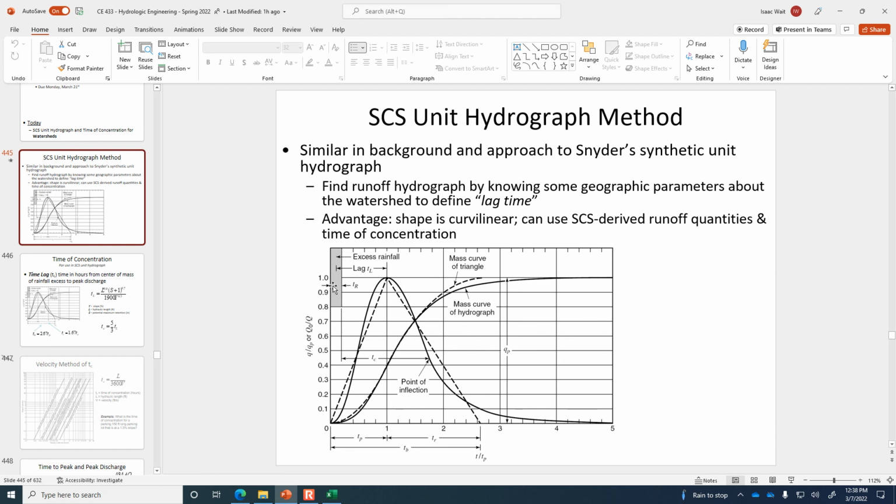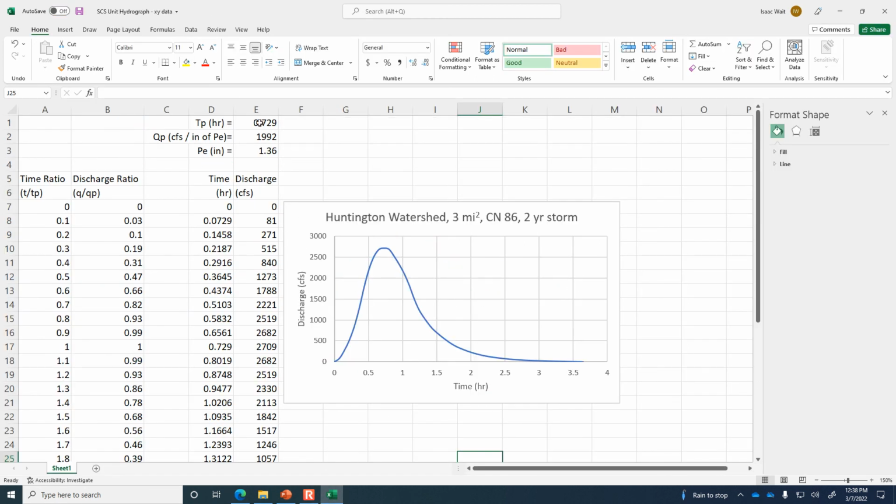And ideally, it should be a fraction of the time to peak. And so what was our time to peak? Our time to peak was 0.729 hours. So what that means is it's best if what you do with this method is you have a rainfall hydrograph that's broken up into pieces with a duration that's less than the time to peak.